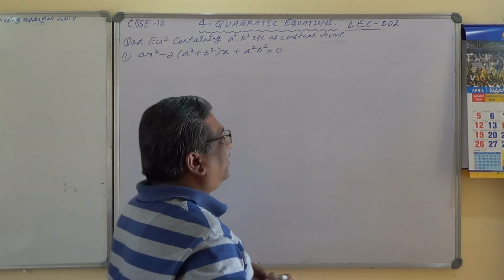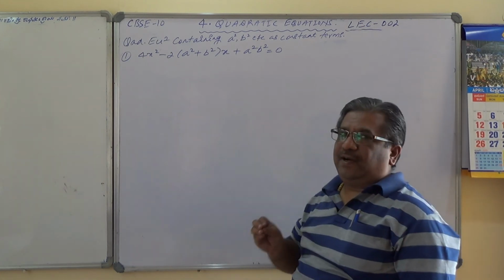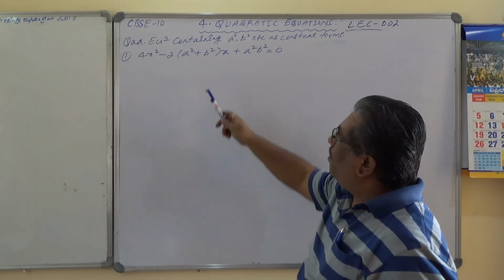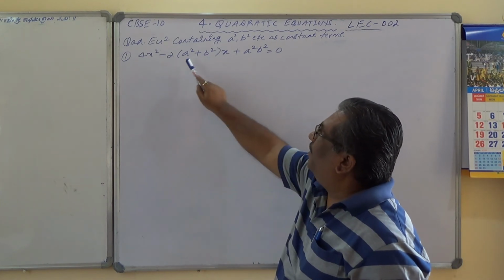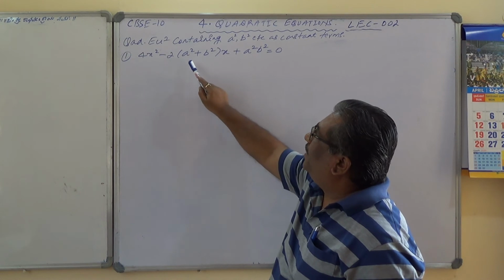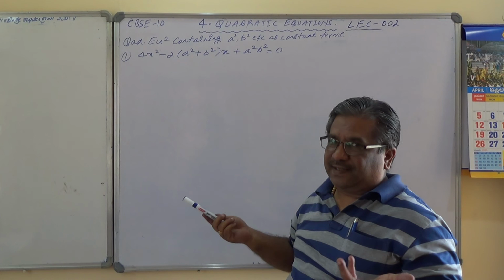This is very typical here. See, just listen carefully what I say. Suppose if you are able to split this middle term in terms of two separate terms, then no need to do any circus.